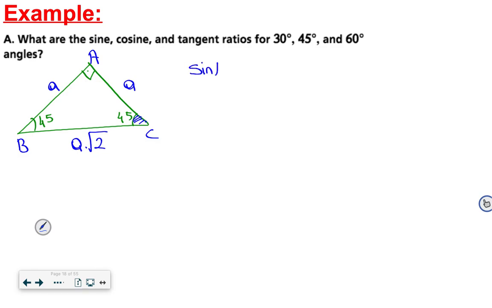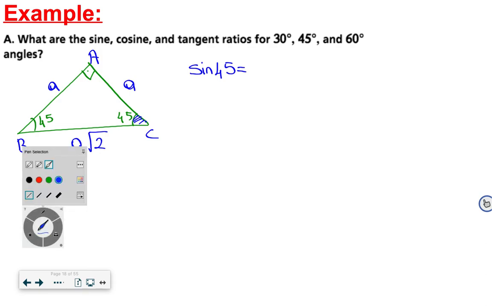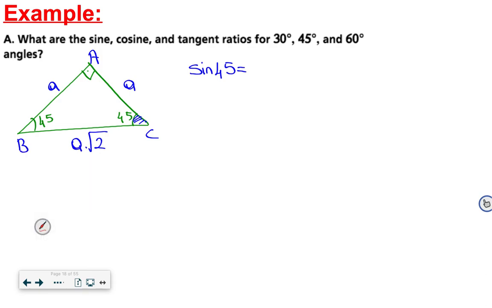Sine 45. What was the sine? Opposite over hypotenuse. Opposite side is A over, what is the hypotenuse? A radical 2. When you simplify the A, you will find 1 over radical 2. In math, we don't leave the denominator with the radical sign.